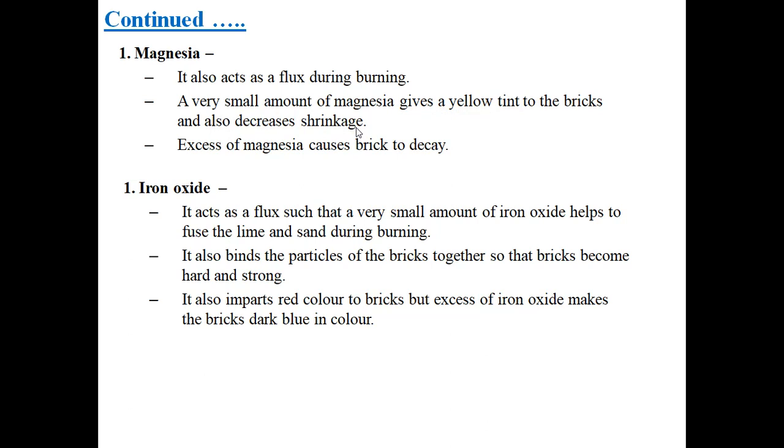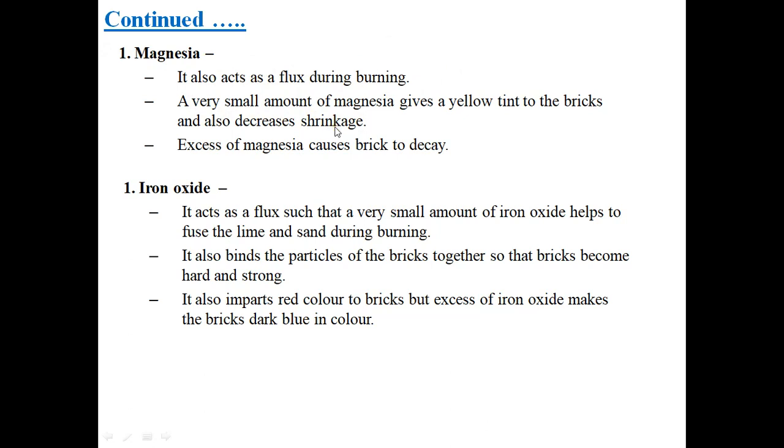Because of magnesia, the brick gets a yellowish shade on the surface, and there is a decrease in shrinkage. If shrinkage action is there, due to magnesia it is avoided. Again, it is important. This is the fourth ingredient, magnesia.